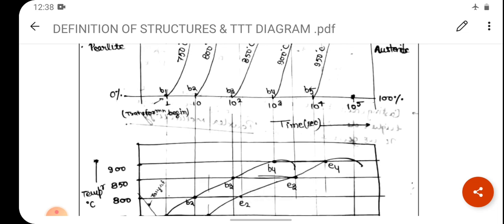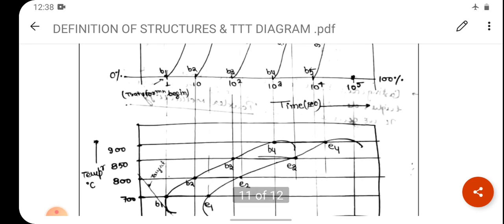I have drawn only B4. So this curve is showing the TTT curve. Clear? From B1 we move down, from B2 we move down, and it will cut some point. When we join these four points we get a line, that will give you B1, B2, B3, B4. Similarly, moving from E1, E2, E3 and E4 there is another curve, that is E1.